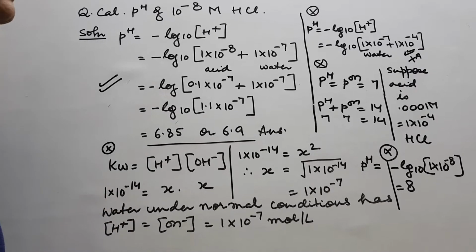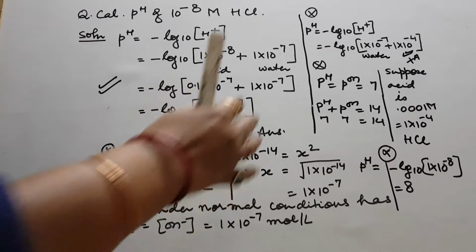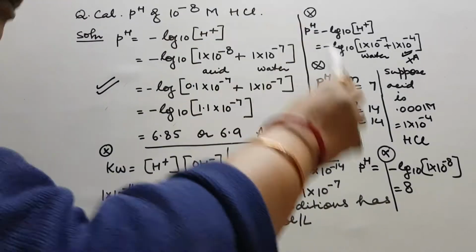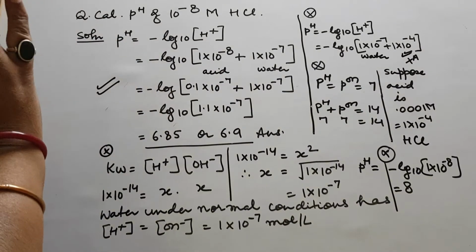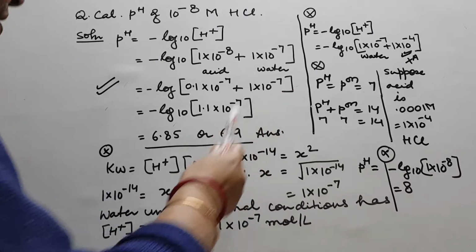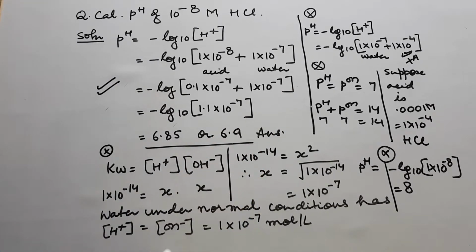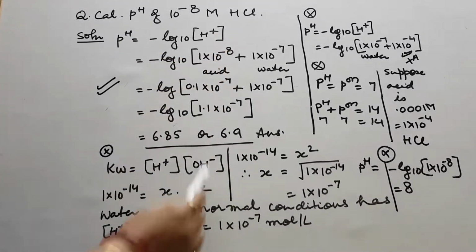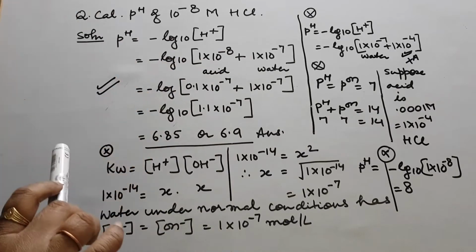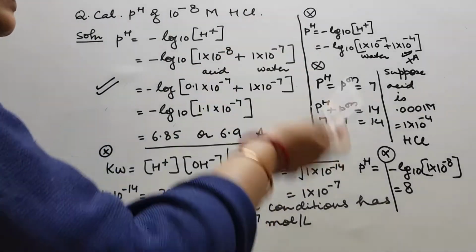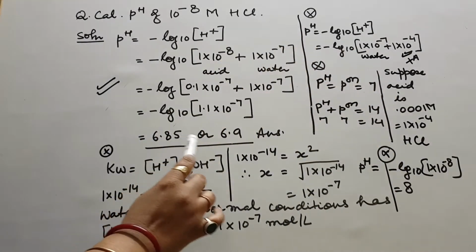Now, go back to our simple normal calculation of pH. Suppose children, prior to that, you were taught in lower class that pH of water is 7. Children, it has come from here. Minus log to the base 10 of 10 to the power minus 7, if we take pH, it will come out to be 7. So that is why we say pH of water is 7, as well as pOH of water is also 7 children.